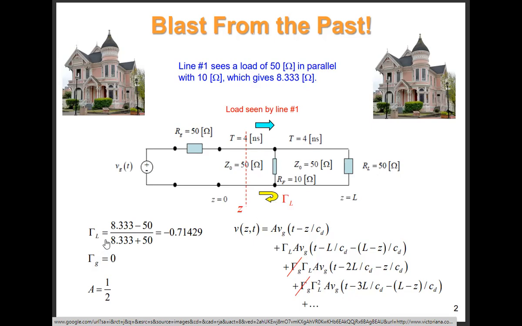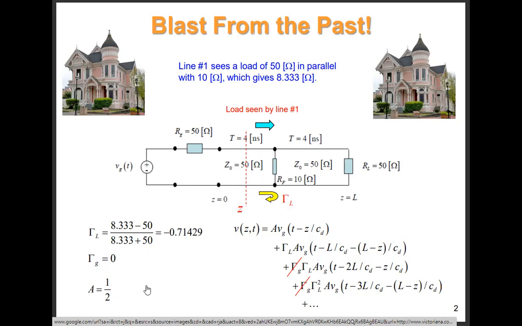Okay. Sorry for the slight conflict in notation, but that's what gamma L means on this slide. Okay. So the gamma L is going to be this parallel resistance, 8.33 minus 50 over 8.33 plus 50. Now this 50 here is, of course, the Z0 of the first line, right? So it comes out to be minus 0.71429. Okay, the generator is matched to line 1, so of course you don't have to worry about any gamma on that. And then since the Thevenin generator is 50 and the Z0 of the first line is 50, the voltage divider coefficient is simply 1/2.